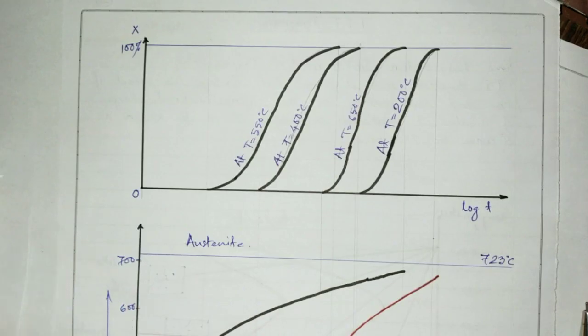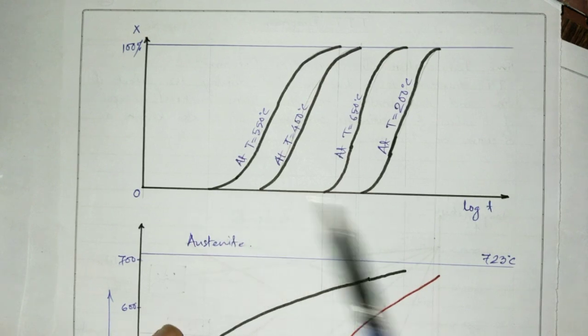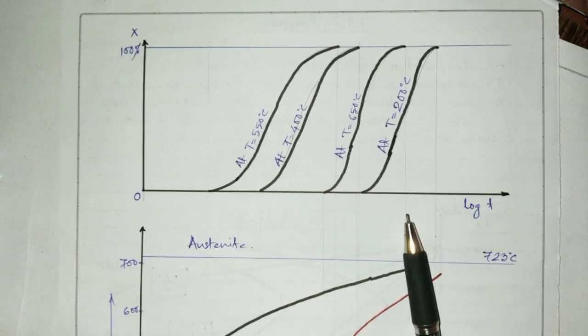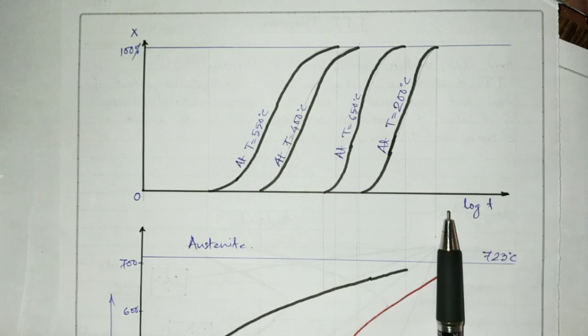Now we all know about the S curve that we have studied a bit before. At certain temperatures, the time taken for transformation is higher or lower. Sometimes the transformation starts at a certain time and ends at a certain time.